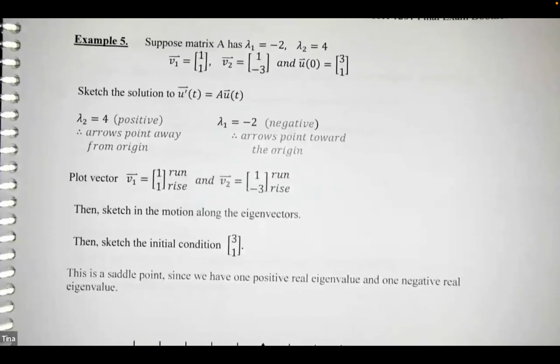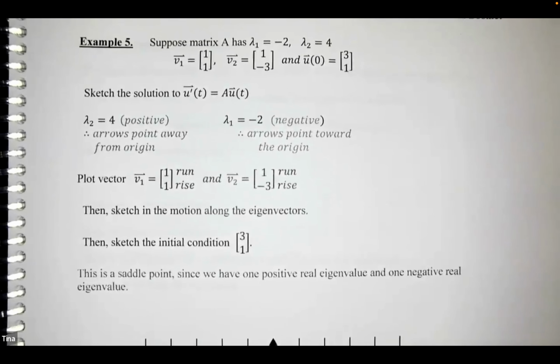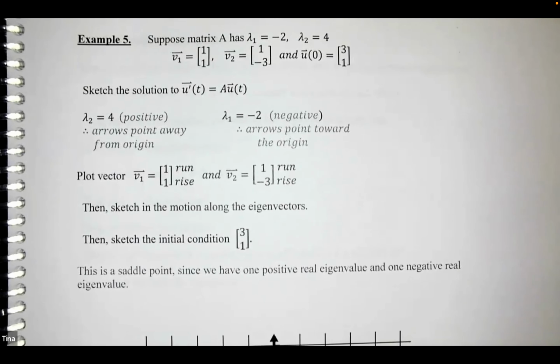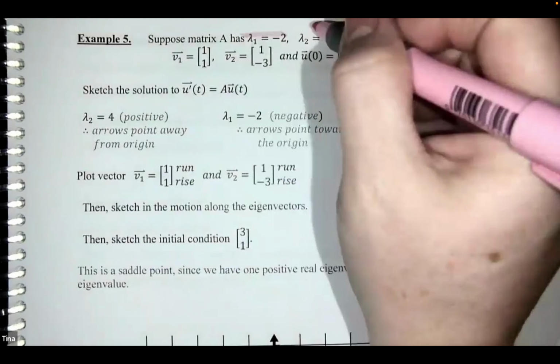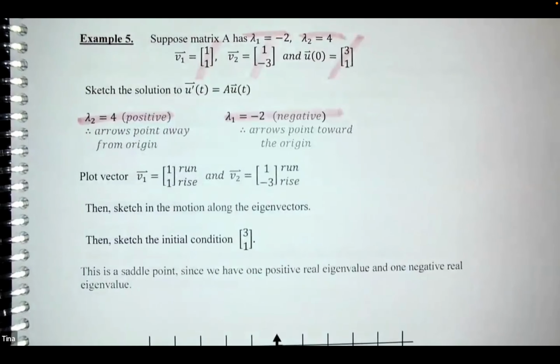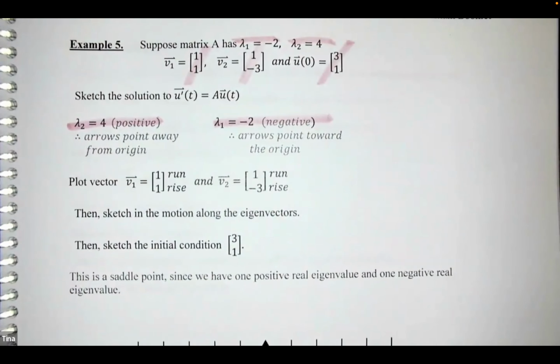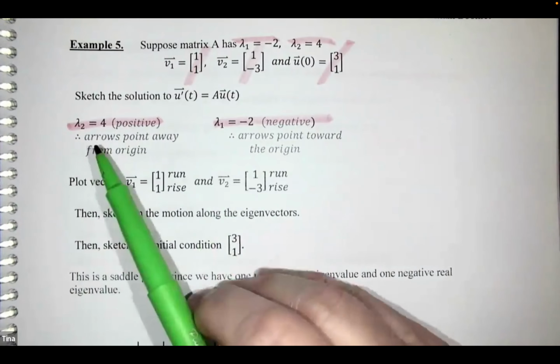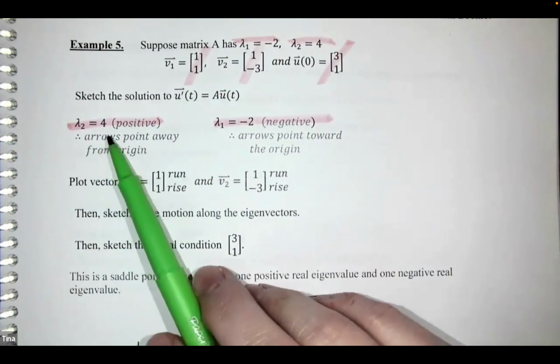Okay, so number 5. So suppose, again, we have a matrix, and here's the eigenvalues, and here's the eigenvectors. Initial condition. In this case, one's positive, one's negative. So this is going to be what's called a saddle. You don't need to know the terminology, but it's a lot easier to draw out.